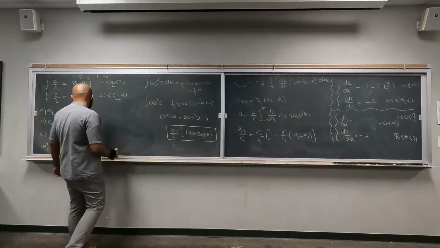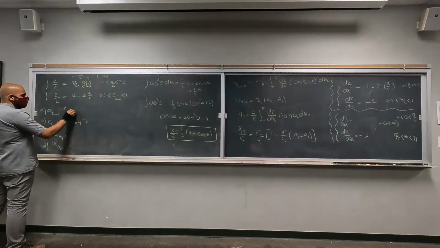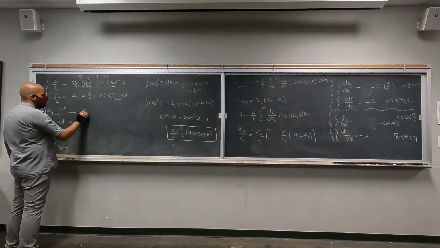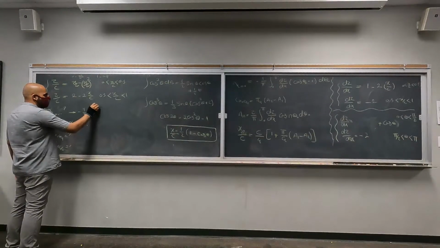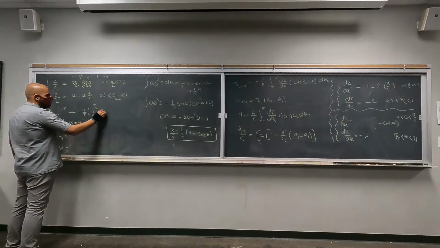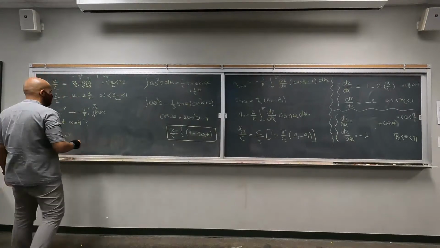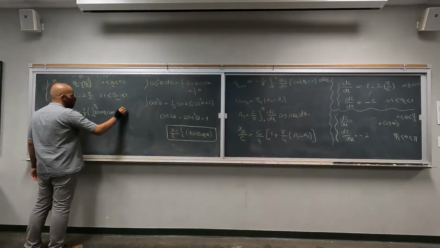Let me write here. So this is equal to negative 1 over pi, integral of 0 to pi over 2, cosine of theta for dz by dx, multiplied by cosine of theta minus 1 d theta.